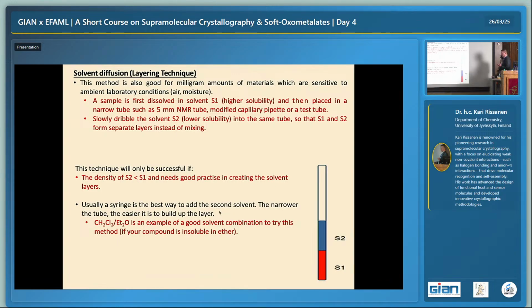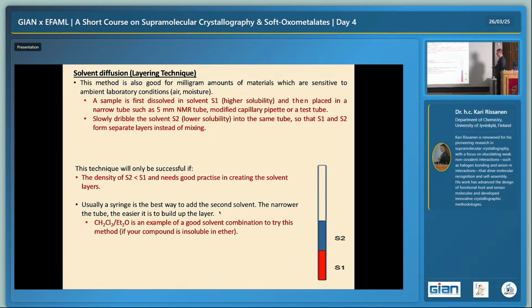And this is a very nice technique. I know that Makoto Fujita has used that a lot in crystallizing MOFs, for example. And that is really nice. And then one example is a dichloromethane, diethyl ether combination. So they are heavier and lighter, and then you see the difference. And then, of course, you have to close the vessel, because if you don't close it, it will evaporate.